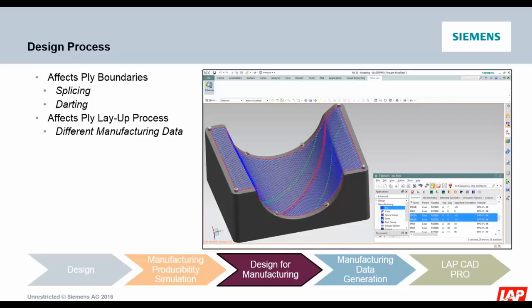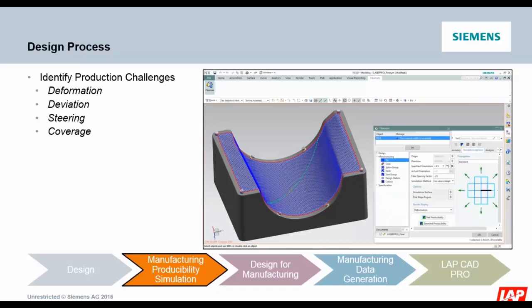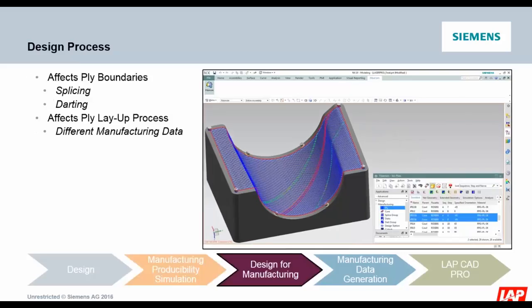I want to know that before I pass it out to a laser projection system that's going to project a boundary that might just be the original boundary, with complete coverage or a full body ply on a tool, which isn't really what's going to end up happening on the manufacturing floor. So in order to achieve consistency and quality in the manufacturing process, I want to know what changes are going to occur due to the manufacturing process itself up front and be able to communicate those downstream.